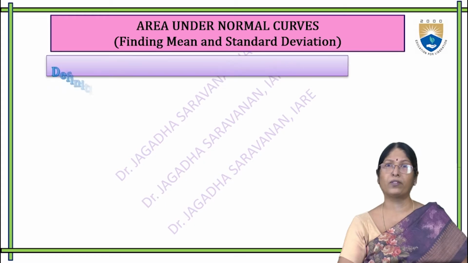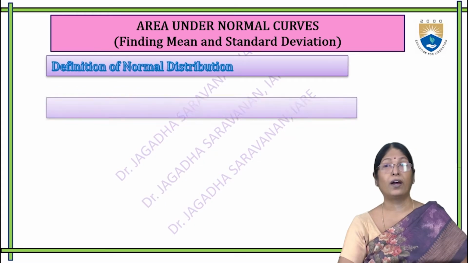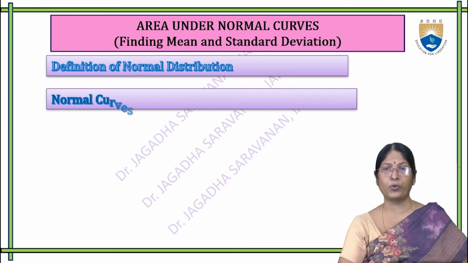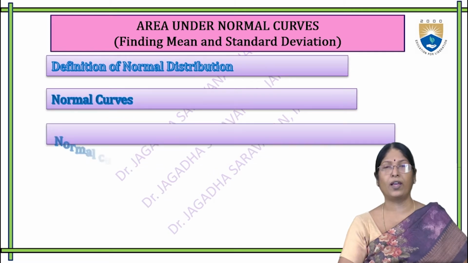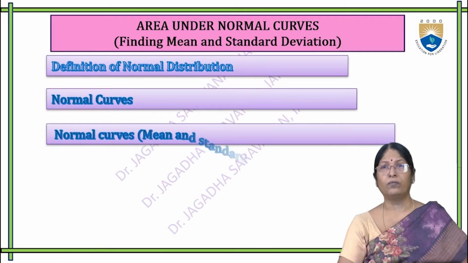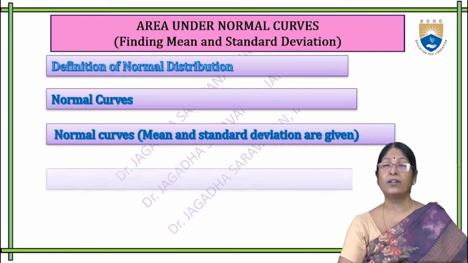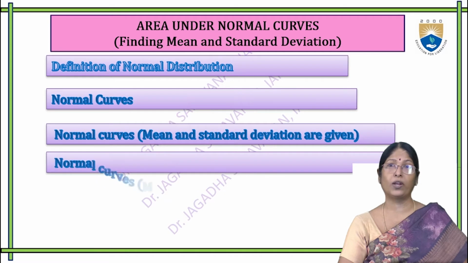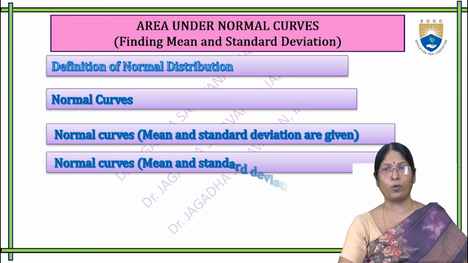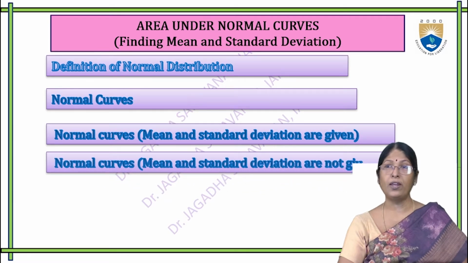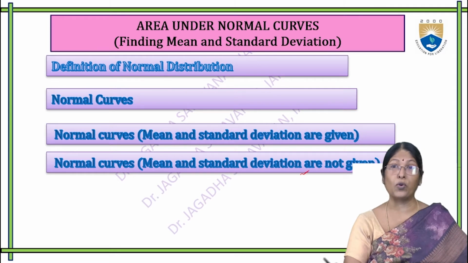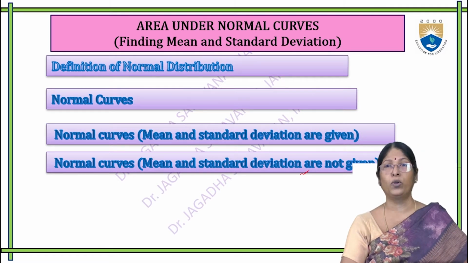The subtopics we are going to discuss are the definition of normal distribution, normal curves, and using the normal curves, if mean and standard deviation both are given, how to do the problems, and if mean and standard deviation are not given, how to do the normal curves.